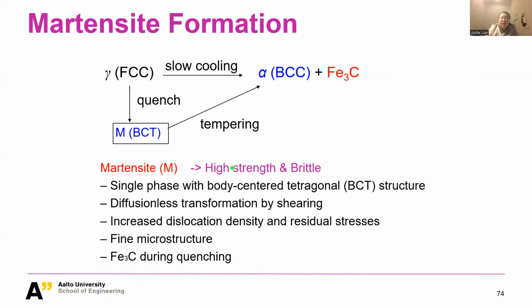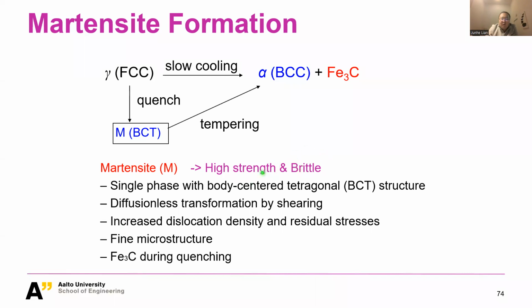But more importantly, it's about these two, also including a little bit of the third one. And we would have a really high strength of martensite. If you recall the strengthening mechanisms of metals, the third and the fourth here exactly address grain refinement and the introduction of dislocations to strengthen our materials.